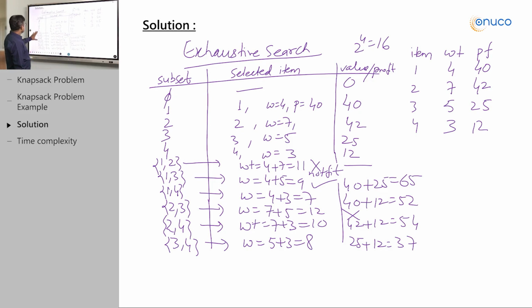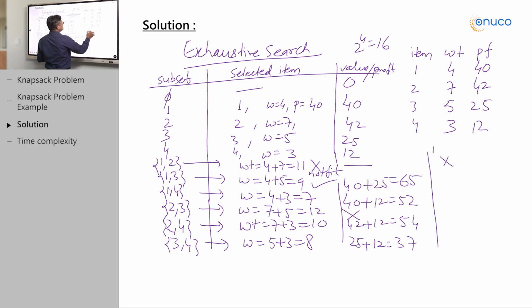Alright, so we are done with these possible cases. Now we have to check combinations of 3. Combination of 1, 2, 3: not fit. Combination of 1, 2, 4: not fit.